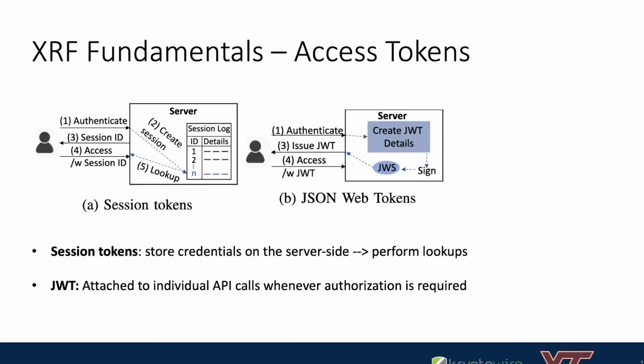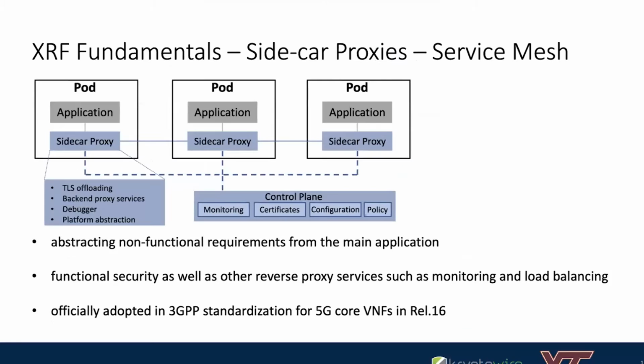In that case, we have JSON web tokens. These are self-contained units that are signed and attached to individual HTTP transactions, which a service requester presents to the service provider on every single request. They are validated on the spot, and then the requester is granted the service.